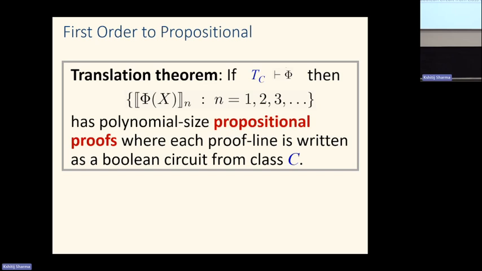We've seen that first order logic in our setup corresponds to propositional logic, and if a first order statement phi is provable in the theory, I can translate it into a family of propositional tautologies that have short propositional proofs.